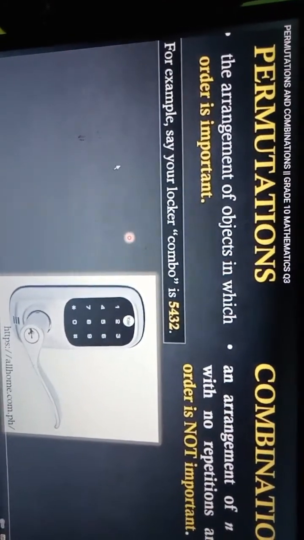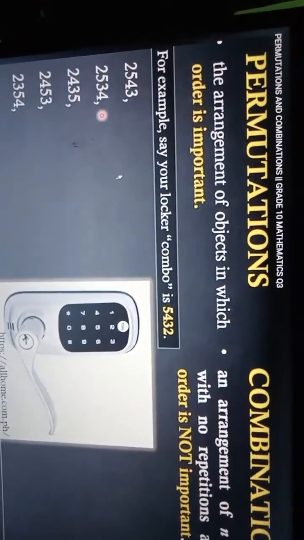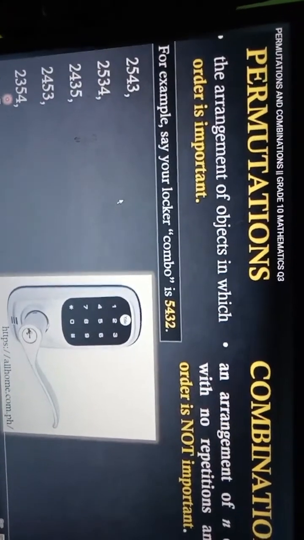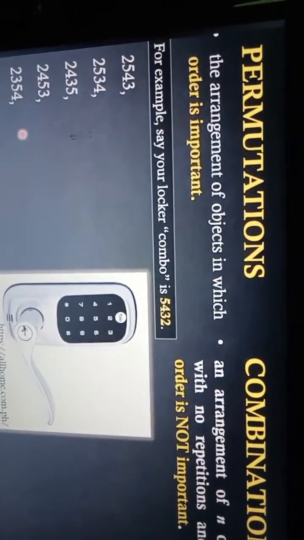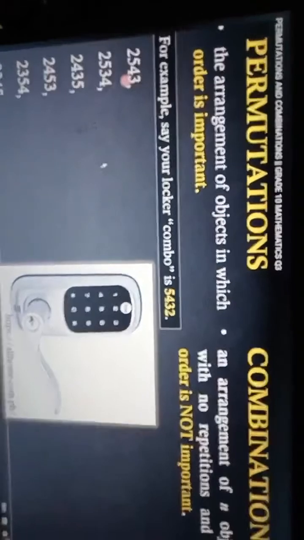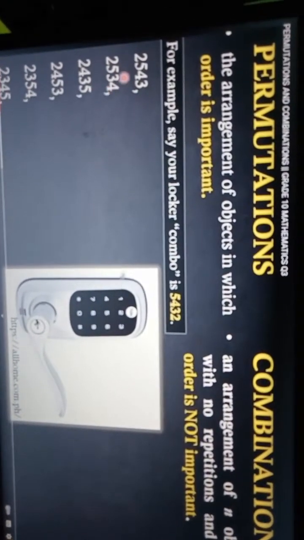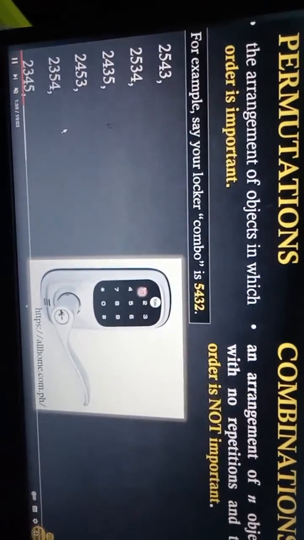You can apply the factorial, knowing the probable arrangements or probable outcomes. So those are examples.